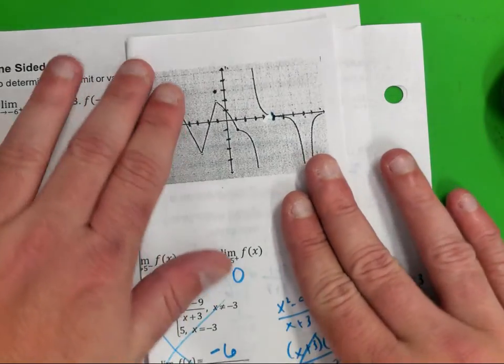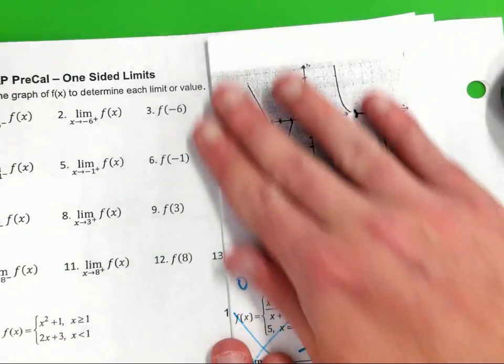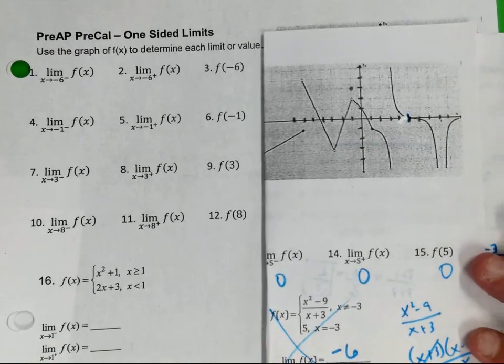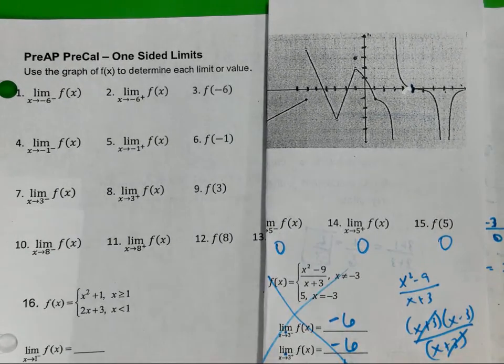I redrew the picture with tick marks in it. We have already talked about one-sided limits, so this should be a little review. I'm not getting into the new stuff today because we need to spend time on the other stuff. But for all those videos I post, you need to go home and watch them. If you can't find a common denominator, you need to go watch examples of common denominators.